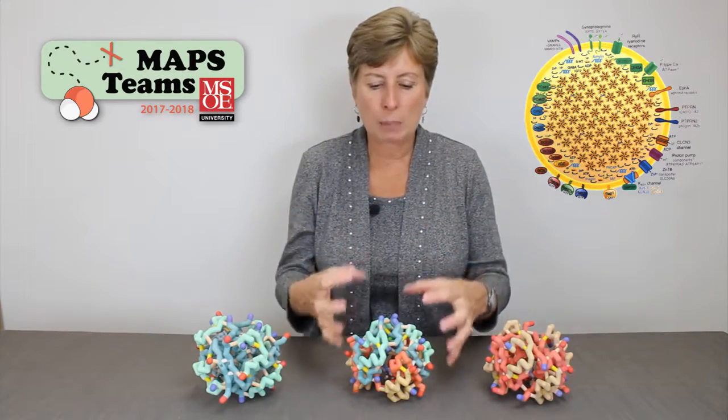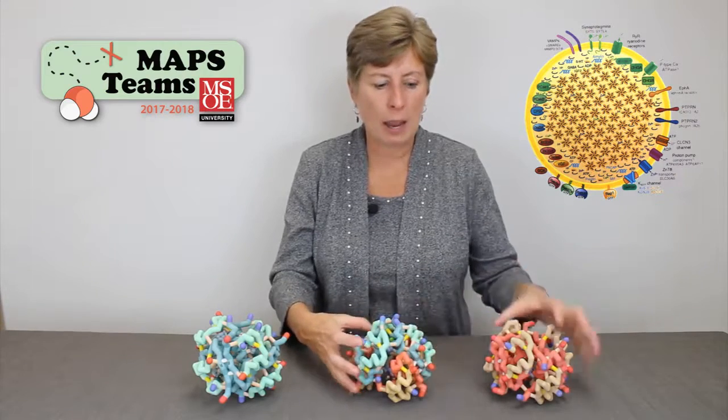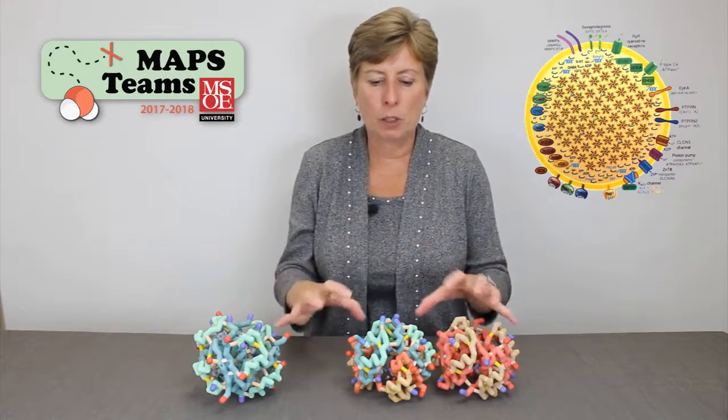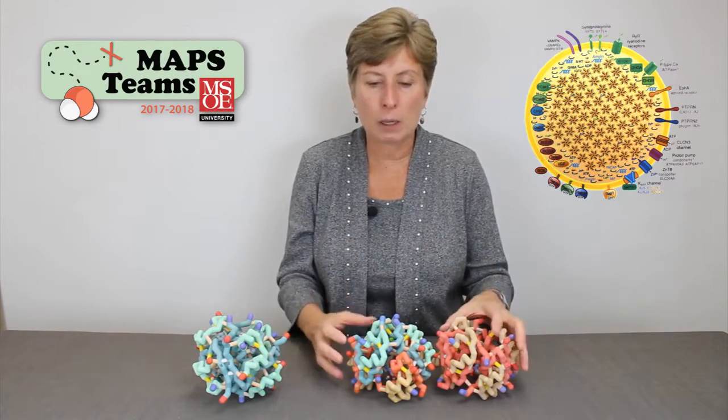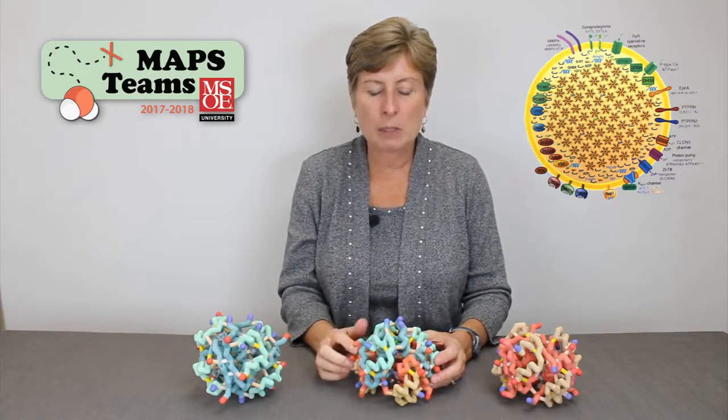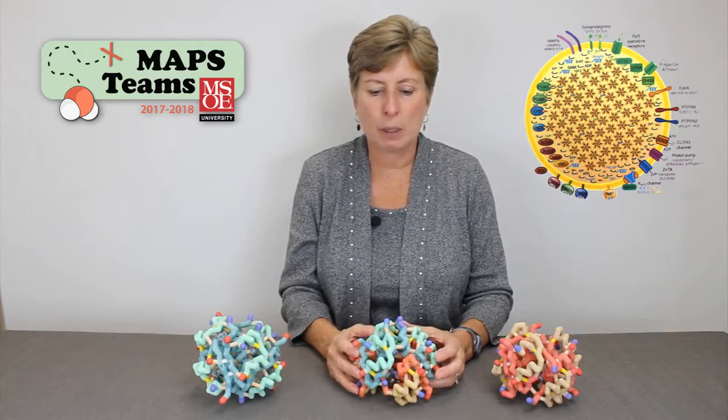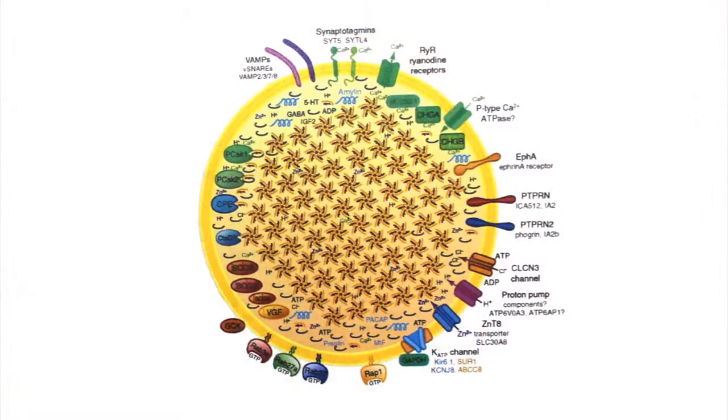So how is it that these insulin molecules are kept in these hexamer and crystal formations, these very tightly packed structures inside the insulin granule? It turns out that the insulin granule has a very special environment to encourage that. If you look at the granule picture, you'll see all kinds of proteins around the membrane.